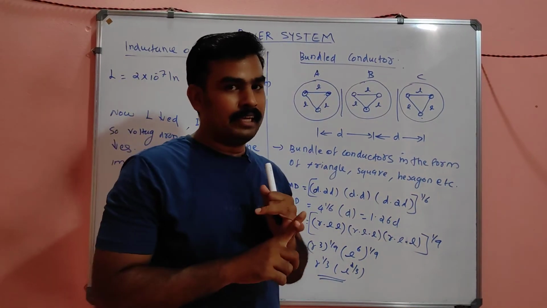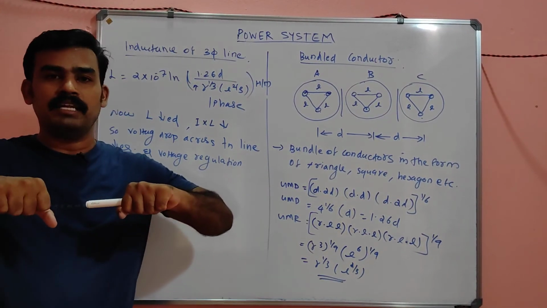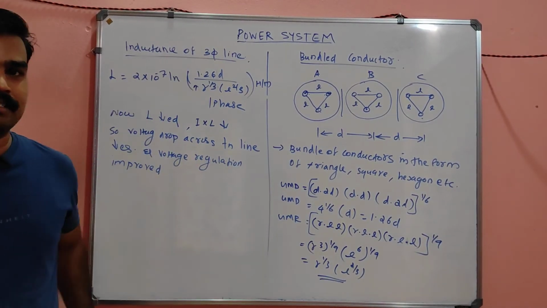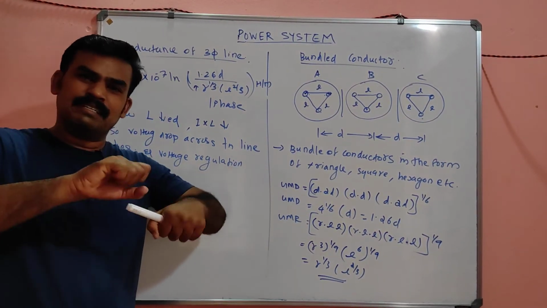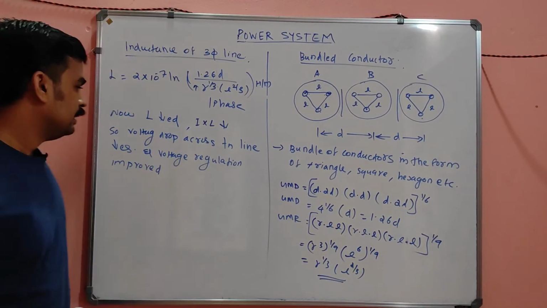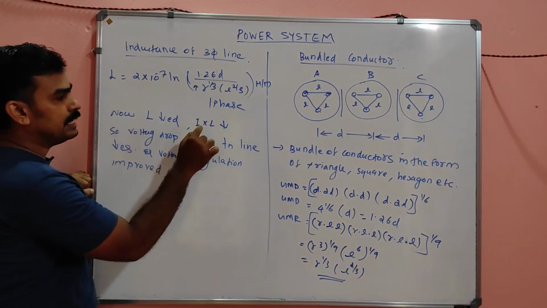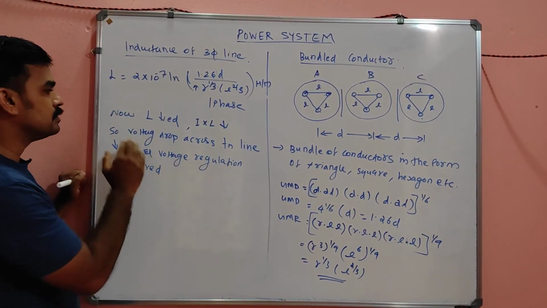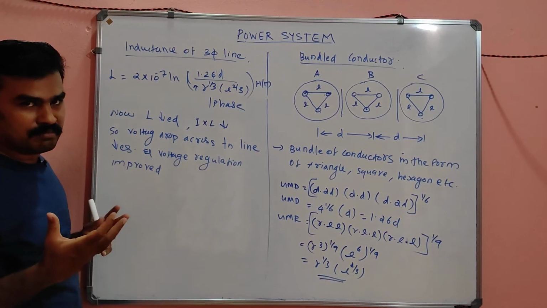The one thing you can say is that it increases the flexibility and reduces the sag. I will tell you in later classes what sag is and all. So to increase the flexibility, I know that, but more than that, the inductance value will be decreased, so that I into XL drop will be decreased. If I into XL drop decreased, we will get a good voltage regulation, my dear.